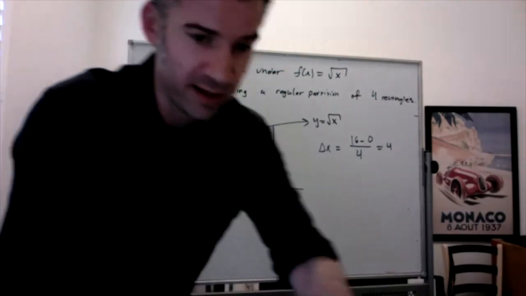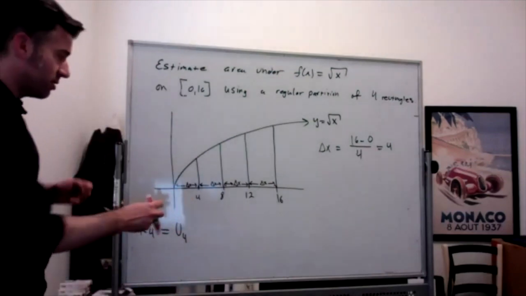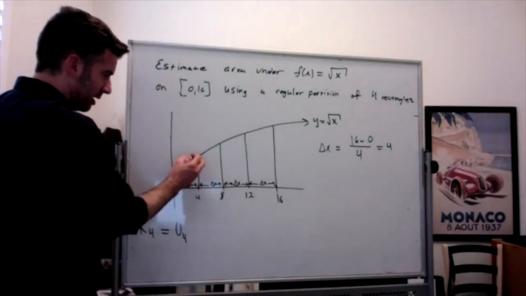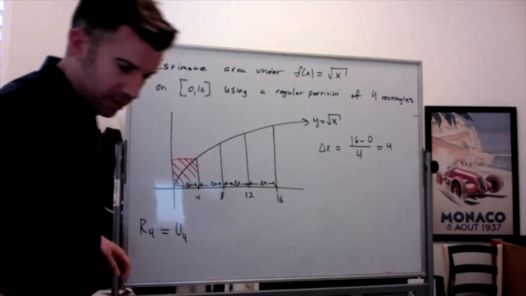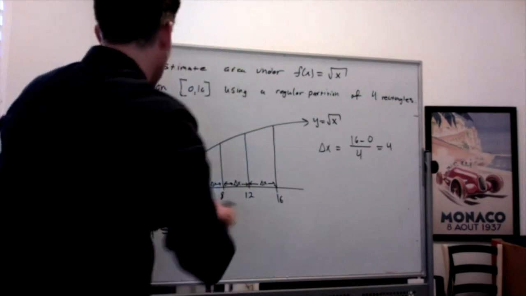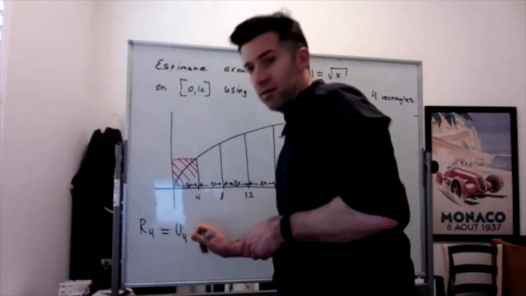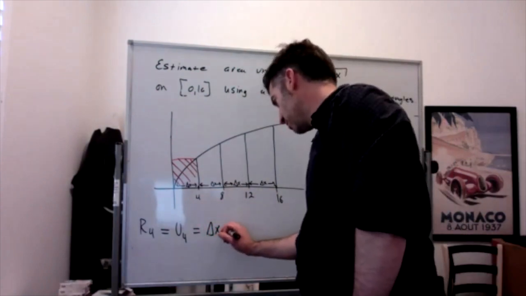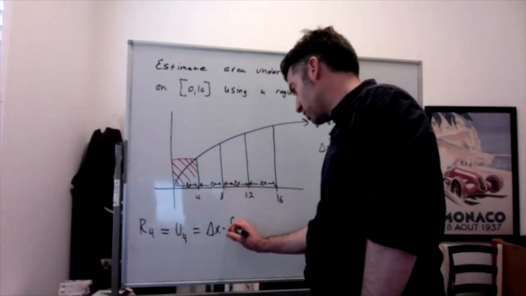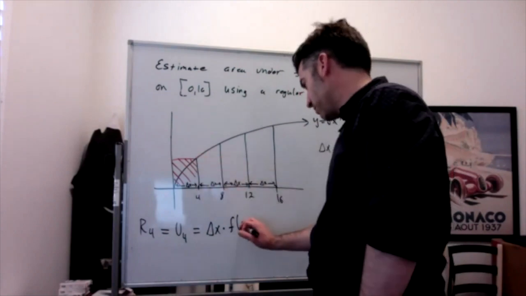Then I'm going to find the area of the rectangle by using the right endpoint. This right endpoint gives me the height of the rectangle. So there's my rectangle. This is going to equal my first base, which is delta x, times my first height, which is my function evaluated at that point right there.